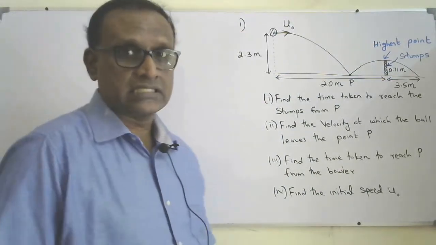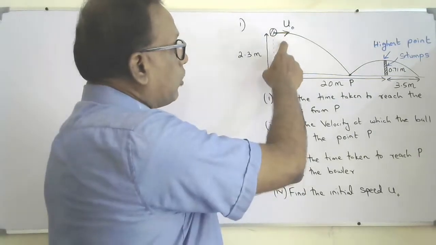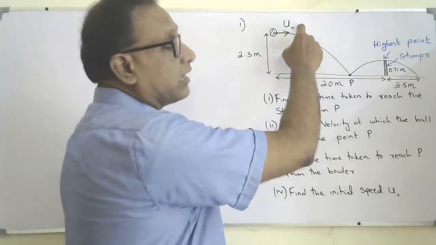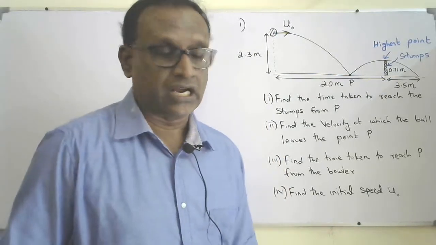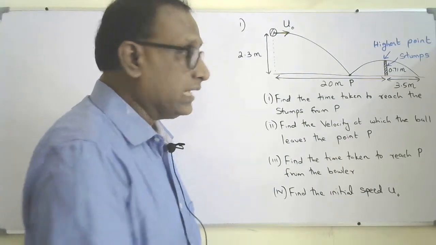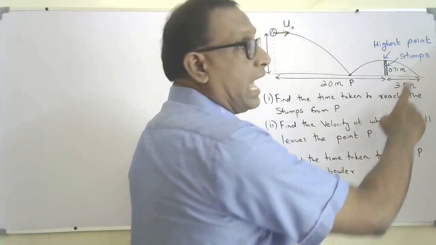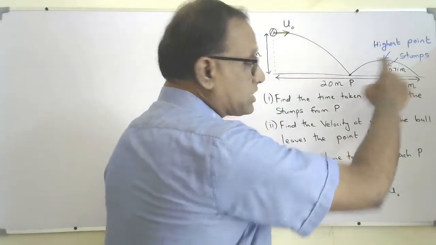First question in this second lesson. This is about cricket. A bowler throws a ball horizontally at a velocity u0 from a height of 2.3 meters above the ground. The ball moves and hits the ground at point P, and then it bounces off and just passes over the stumps horizontally.